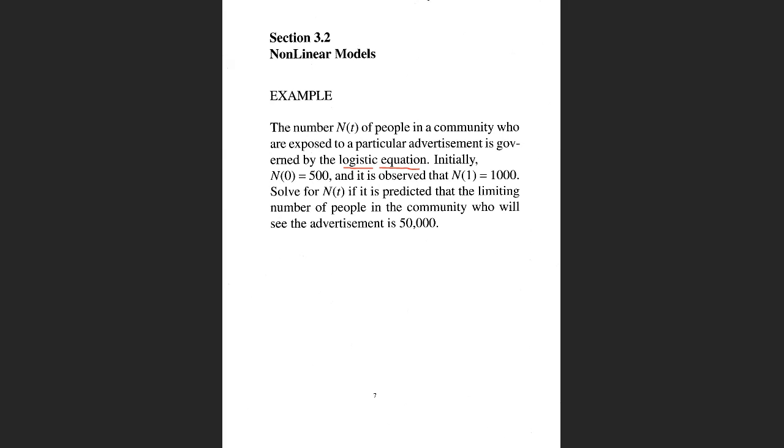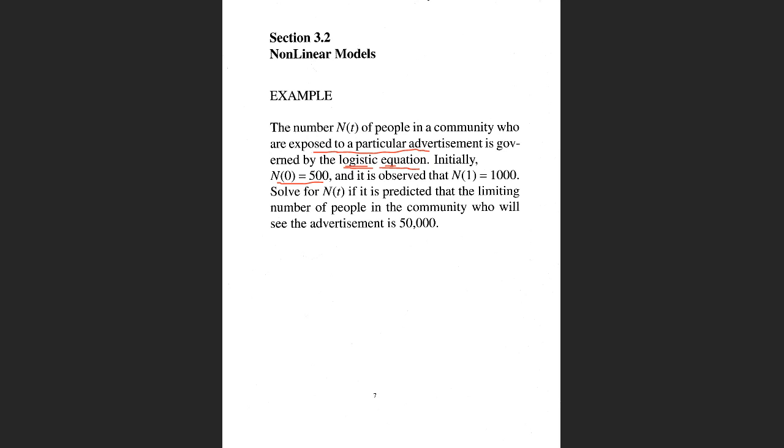Okay, so in this problem, the number of people in the community who are exposed to a particular advertisement is governed by the logistic equation, and I'll show you what that is when we get to the solution. Initially, we suppose that 500 people have seen the advertisement in the community.